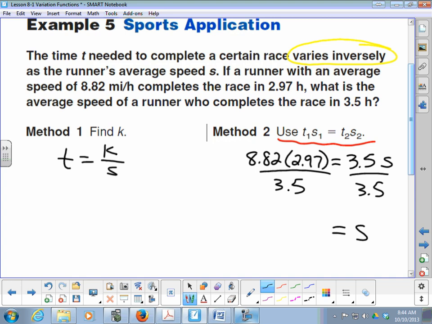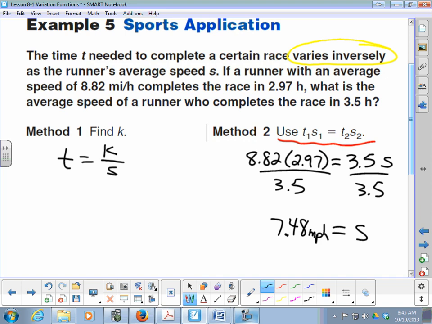What's S, Abby? 7.18? 48, okay. All right, do we have any units for that? Miles per hour? Okay. Miles per hour. All right.